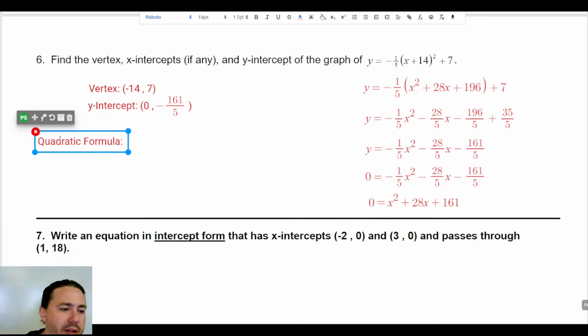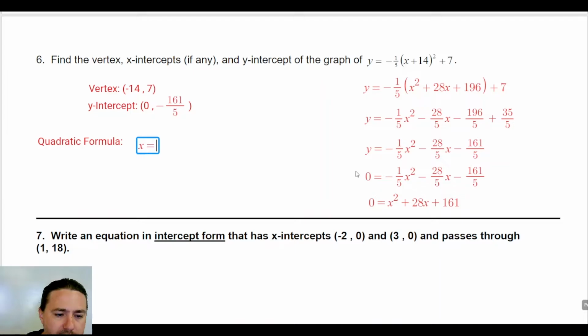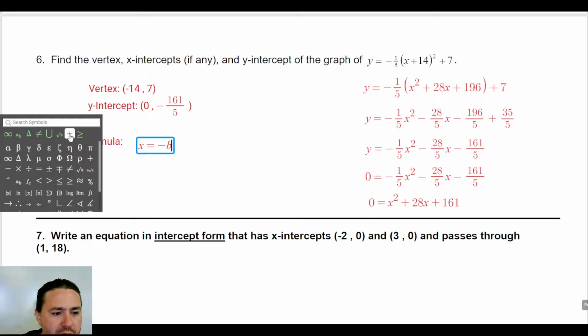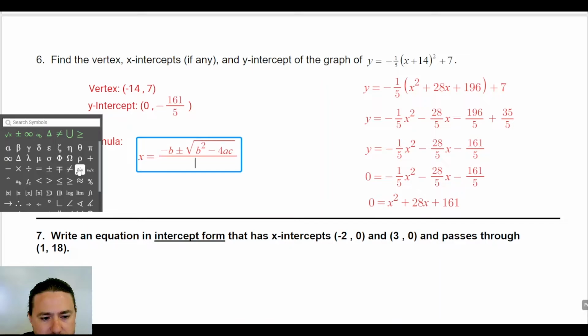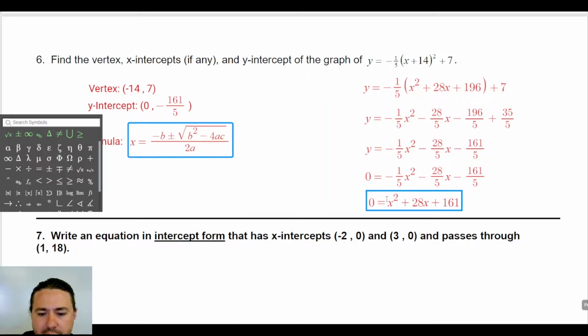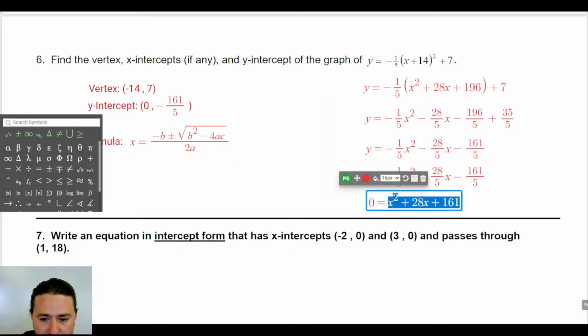It is x equals negative b plus or minus, because typically we do get two solutions here, the square root of b squared minus 4ac, all divided by 2a. Okay, so if I want to find the zeros of this, I'm going to plug in 1 for a, 28 for b, 161 for c.